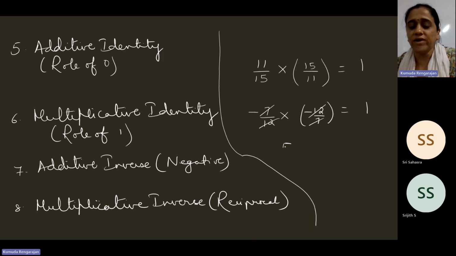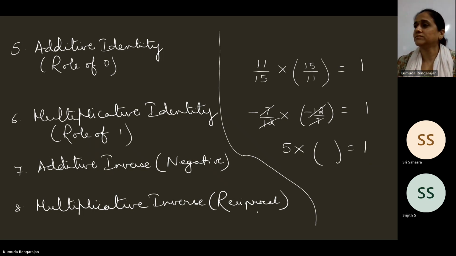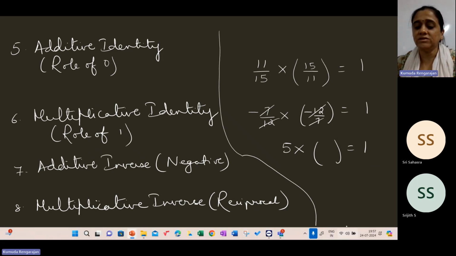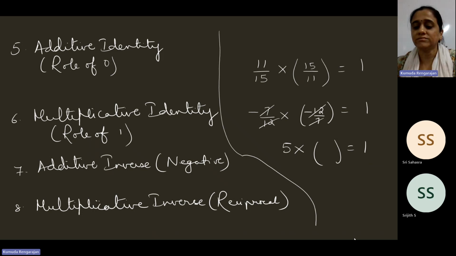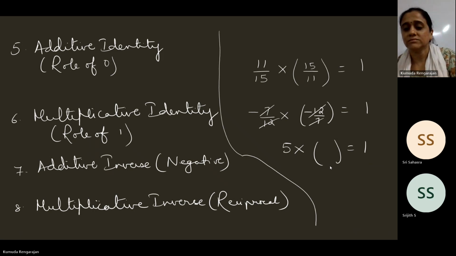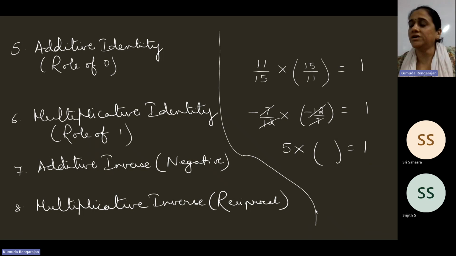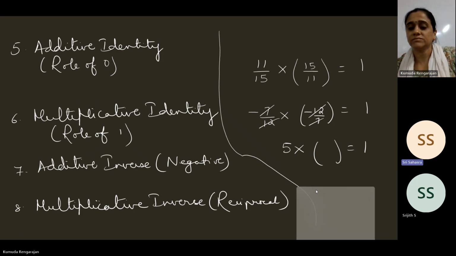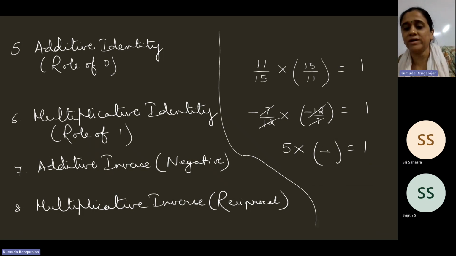Now the product of 5 and what is 1? 5 into what is 1? 1 by 5. 5 into 1 by 5 is 1 because 5 and 5 get cancelled.